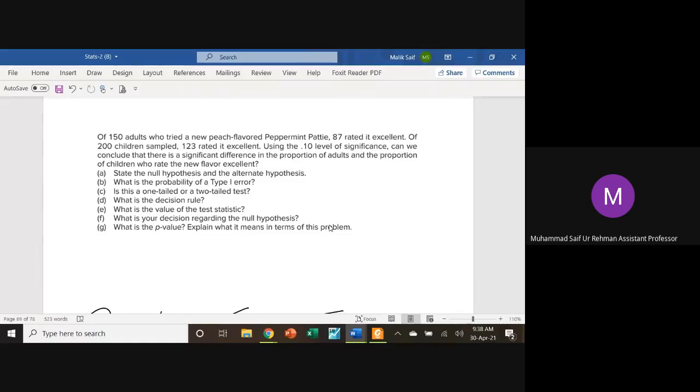Both populations, the population of adults and the population of children. So you can't say that one is favoring the flavor and another is saying it is not excellent. So both are saying excellent, right?